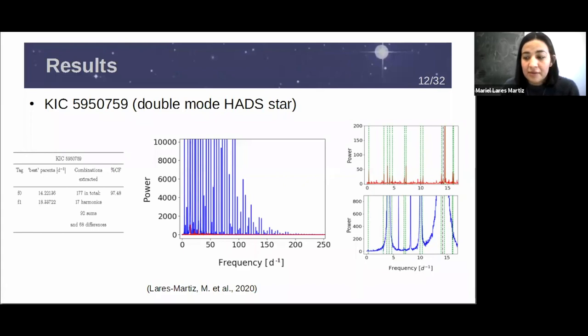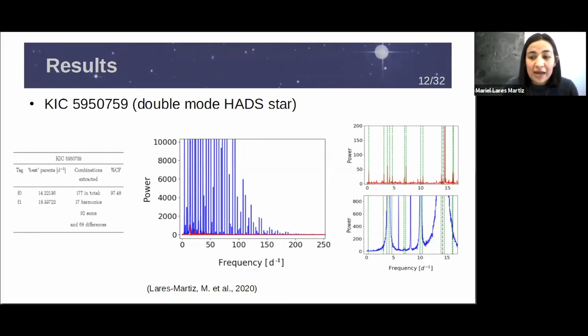Also, a very interesting topic is that the differences are also present in this case with g modes, where the frequency distribution is mainly below 5 cycles per day.